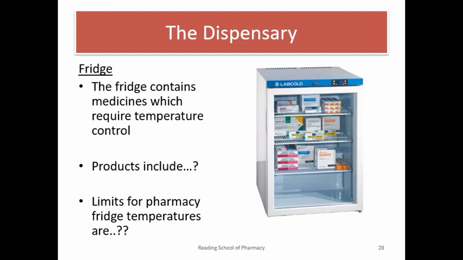And most pharmacies will check the temperatures of their fridges twice a day. Obviously, if the fridge temperature goes below 2 or above 8, then there are protocols in place to support the management of those products, and protocols that need to be followed to check the integrity of the products to make sure that they've not become unusable.